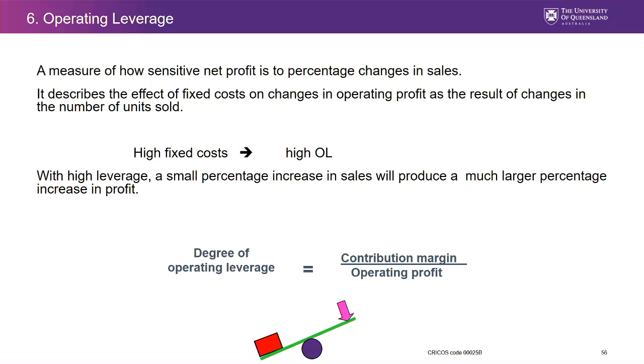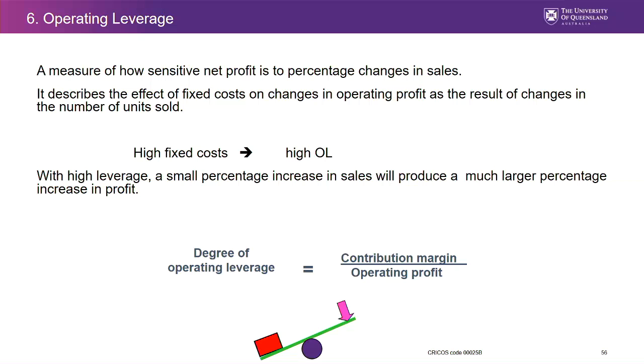So, what's the difference between contribution margin and operating profit? It's before tax in this instance, yeah. But what's the only variable that's different between contribution margin and operating profit? Fixed costs. So operating leverage is the effect, it represents the effect of fixed costs on our profit.